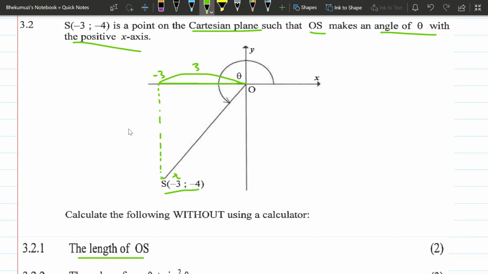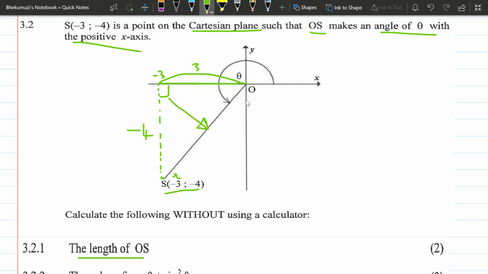But this actually forms what? A 90-degree angle. How? Because this line going directly down is actually parallel to the y-axis, and if it's parallel to the y-axis, it would create a 90-degree angle. And so this OS that we are looking for is actually a hypotenuse.